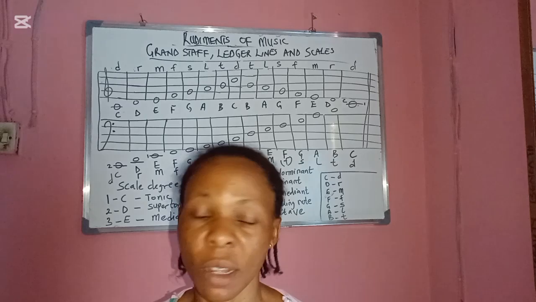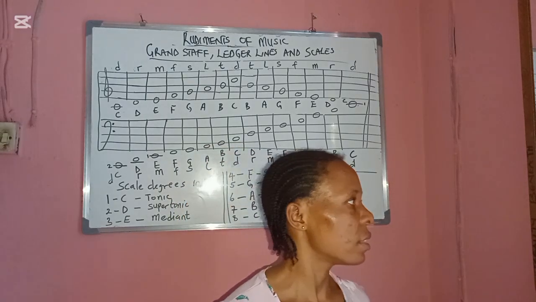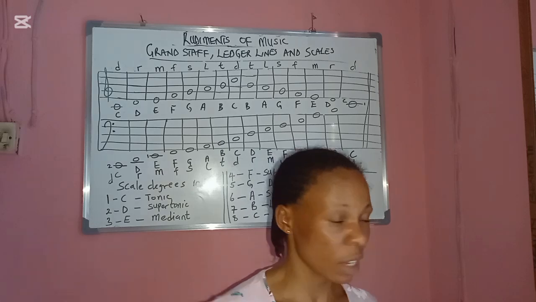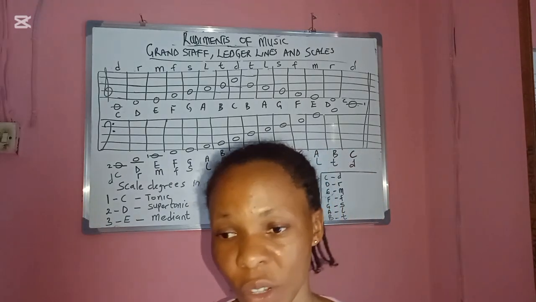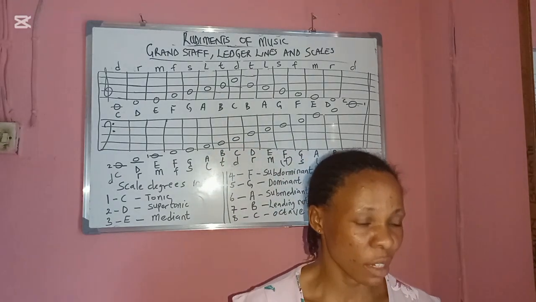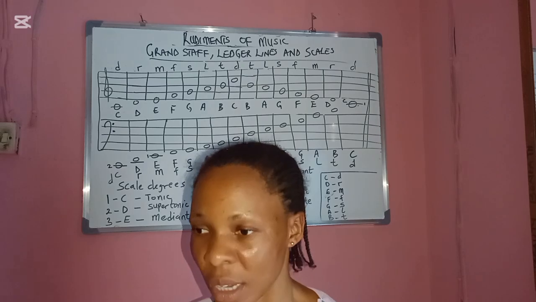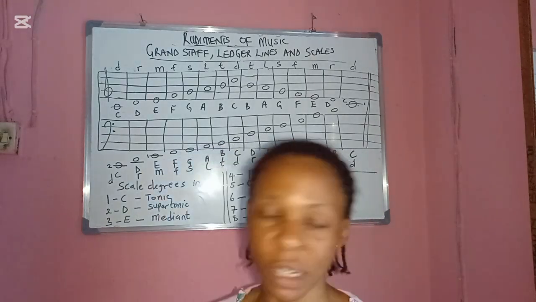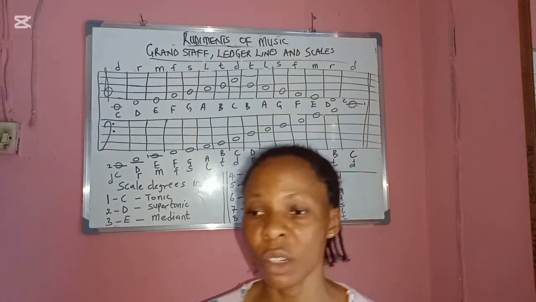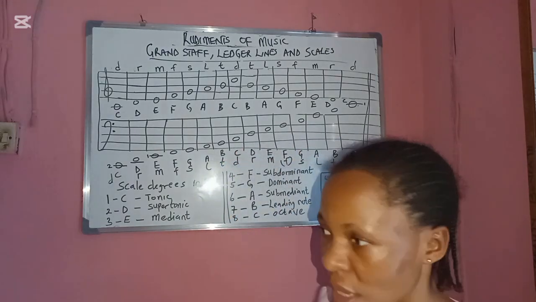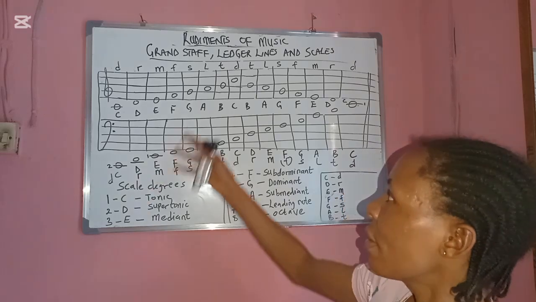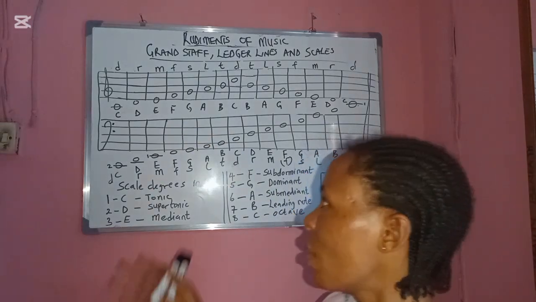Mostly someone can tell you, can you play the dominant of C? You need to understand the scale degrees, because it's really helpful. And for the key of C, we are going to do it on a grand staff.